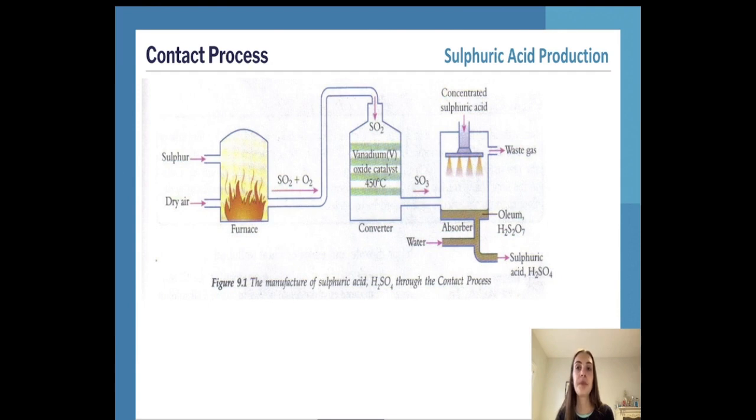However, this reaction is actually done at pressures close to atmospheric pressure. And so you may wonder, why would we use atmospheric pressure if we want to maximize the rate of reaction and the equilibrium concentration? And so this is because of an economic consideration. So even at very low pressures, there is a 99.5% conversion rate of sulfur dioxide into sulfur trioxide.